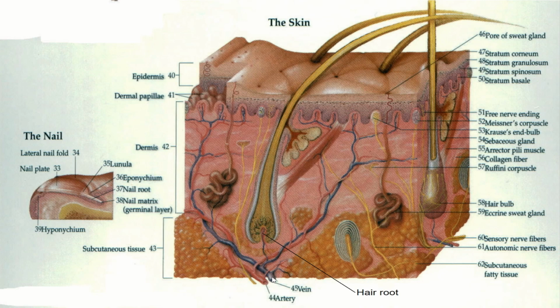You have arteries and veins. I would prefer you refer to the subcutaneous tissue as the hypodermis, but if you use subcutaneous tissue, I won't care. But I find it easier to remember epidermis, dermis, and hypodermis, but that is purely up to you.